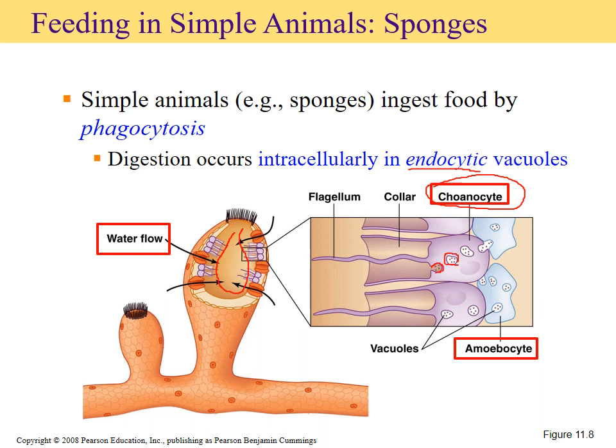And as they're being introduced into the cell, we're going to start breaking them down. So that's our intracellular digestion that's occurring. Along the way, by the choanocytes, we also see that there are some amoebocytes on the way that can help with distributing the nutrients throughout the entirety of the sponge.